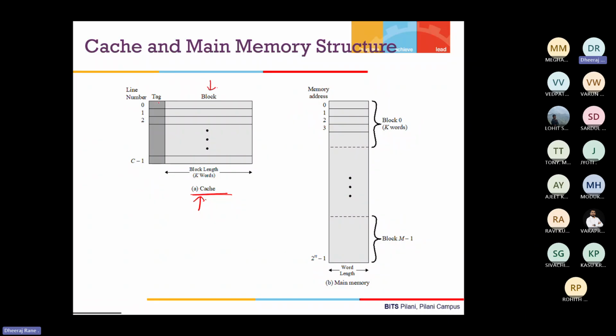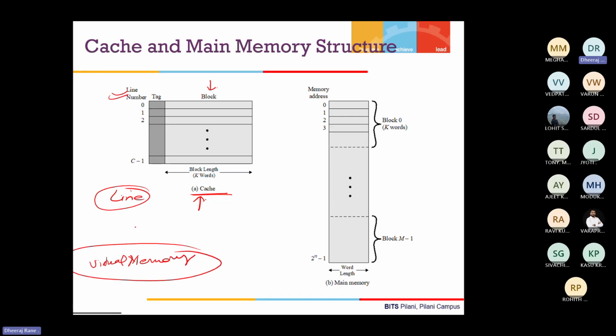And these we are calling lines, right? So these are lines, and if you have gone through virtual memory in operating systems, you just have to map it to the same concept.